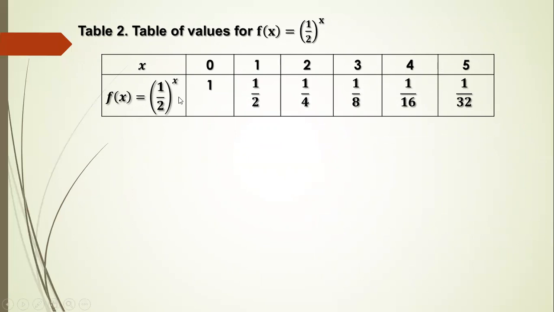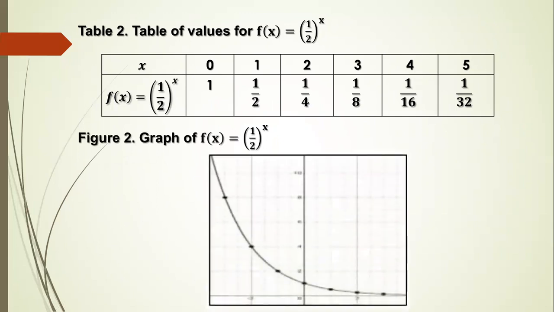So the outputs or results are 1, 1 half, 1 fourth, 1 eighth, 1 sixteenth, and 1 thirty-second. And then for figure 2, the graph of f of x equals 1 half raised to x. Kindly observe the graph of the given function. So what can we say about the graph of the given function?